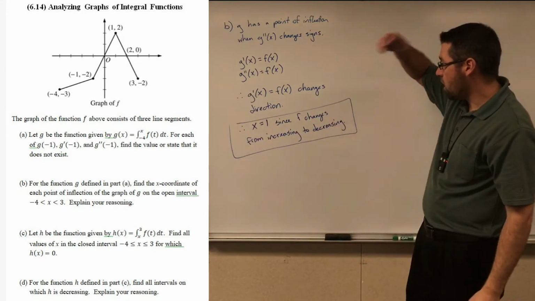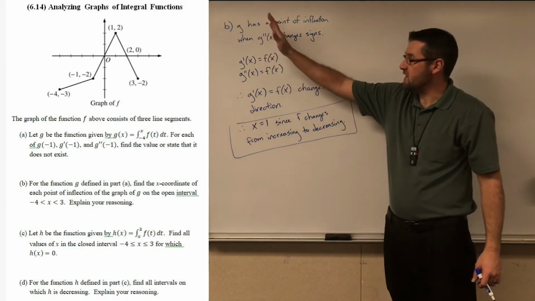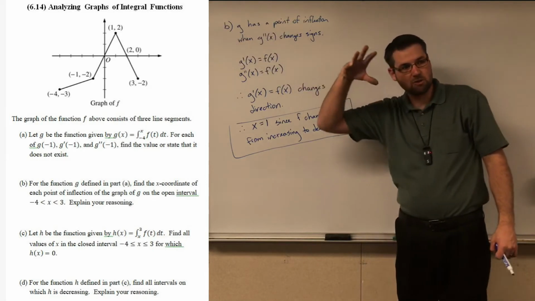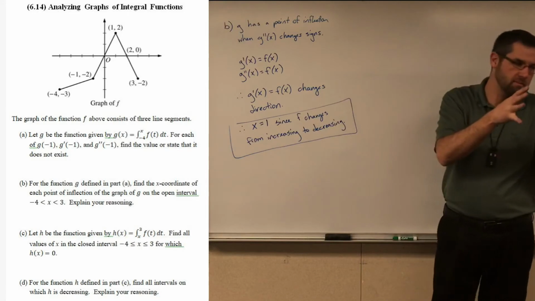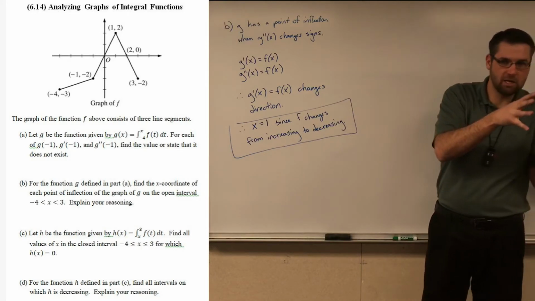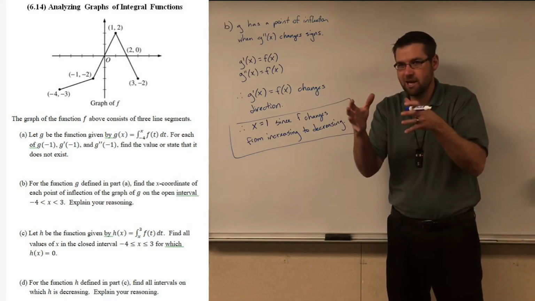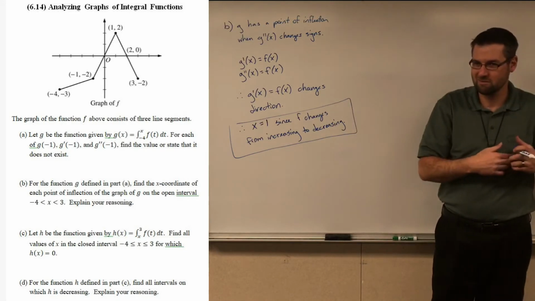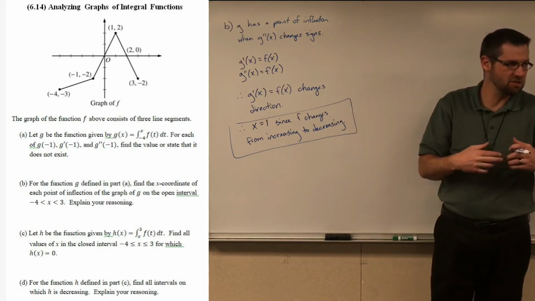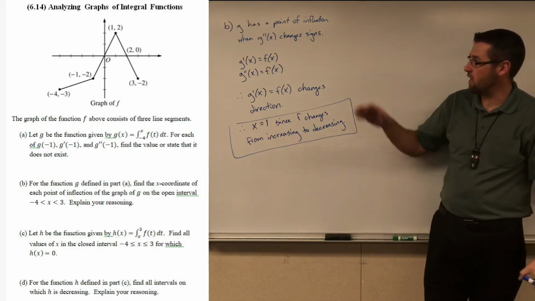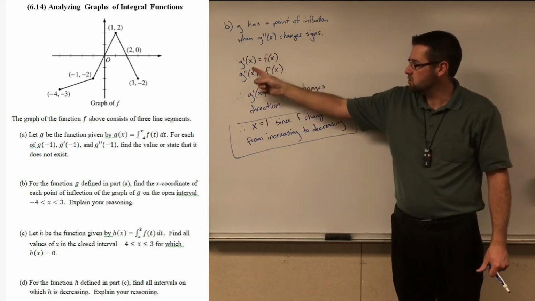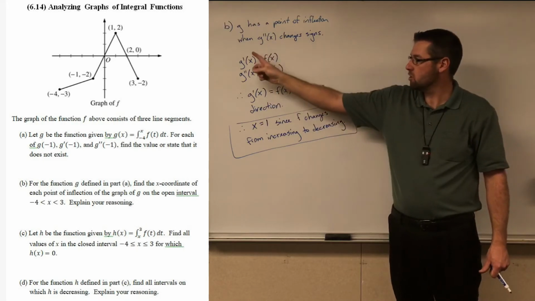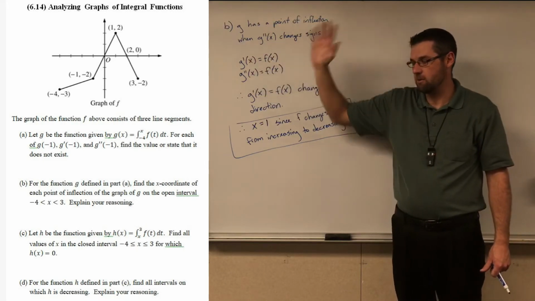So again, you want to relate the thing that it's asking about. So it's asking about G, so you relate it to G double prime, which is related to G prime, which is related to F. Does that make sense? You just got to be able to translate it. You go, okay, I want to know about G double prime. How does that relate to F? Well, G double prime is equal to F prime, so G double prime is related to G prime how?